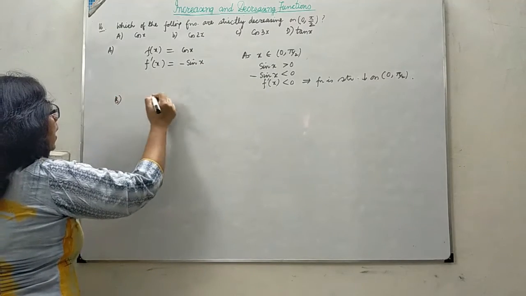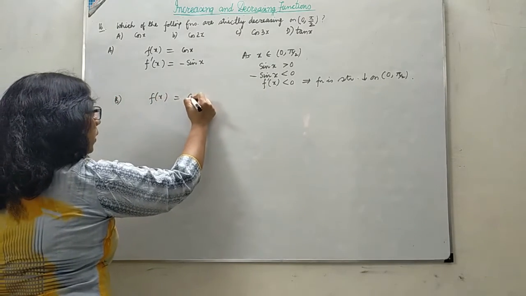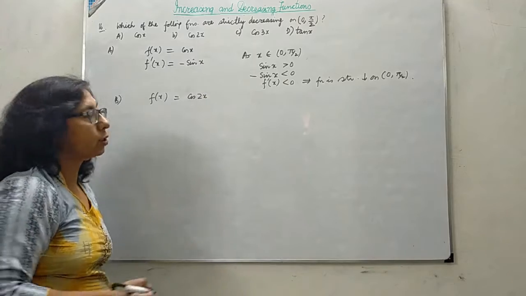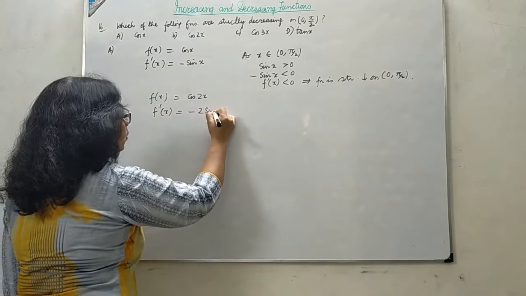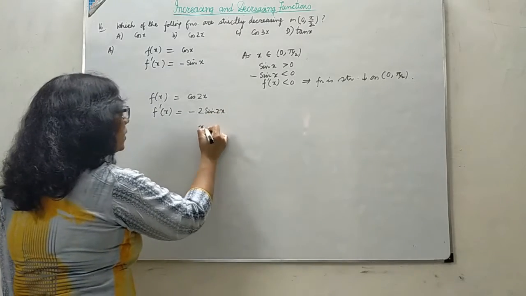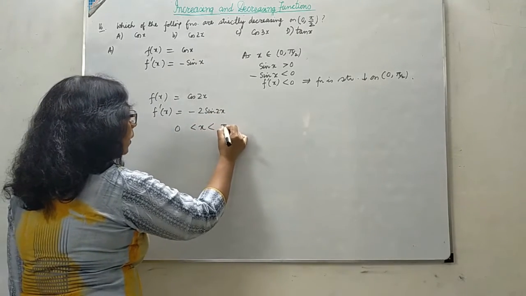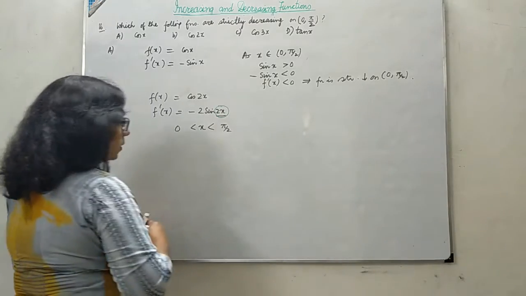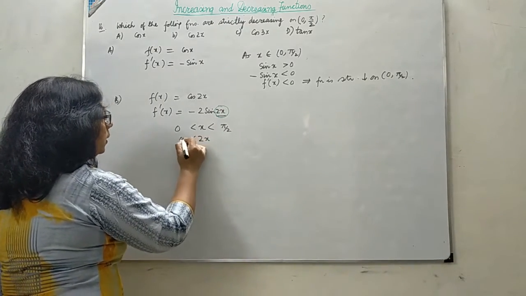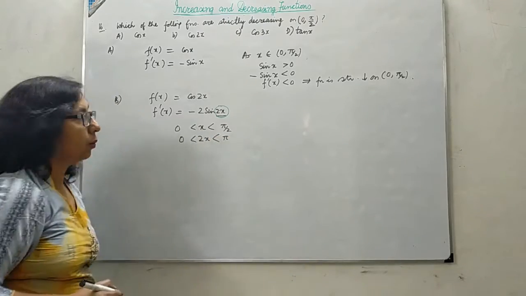Now in part B the function is cos 2x. The derivative is minus 2 sin 2x. Now as x belongs to 0 to pi by 2, because the angle is 2x, I take 2x as lying between 0 to pi.